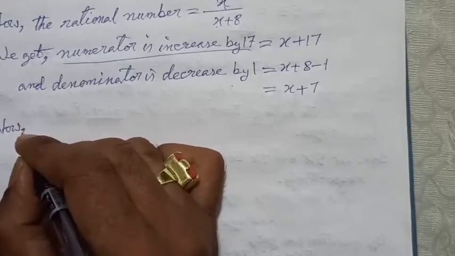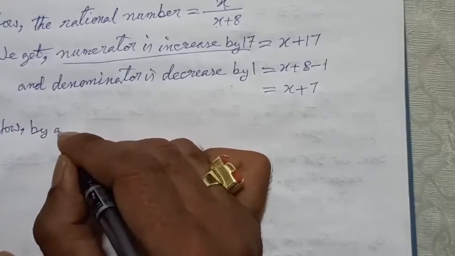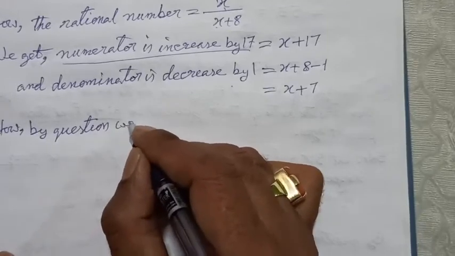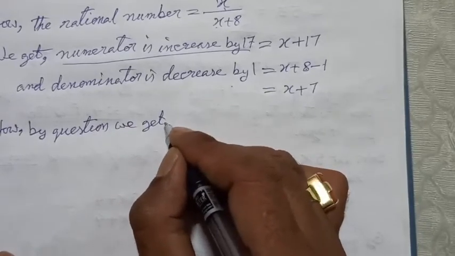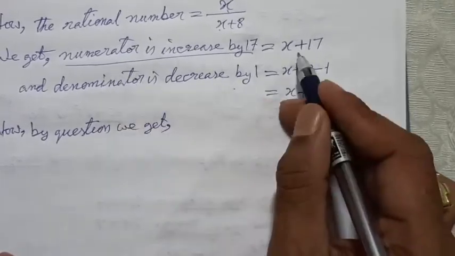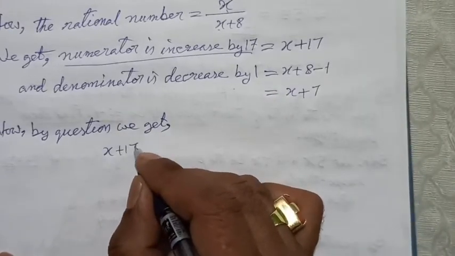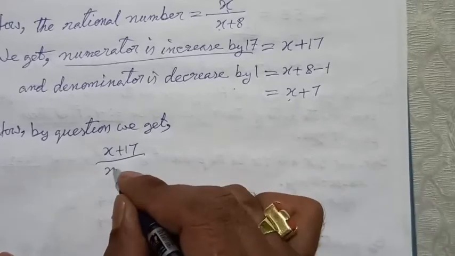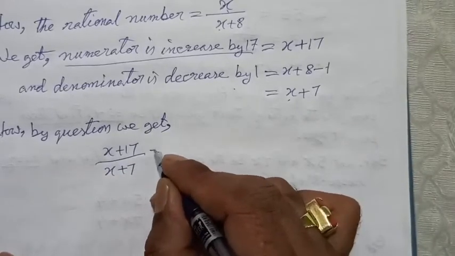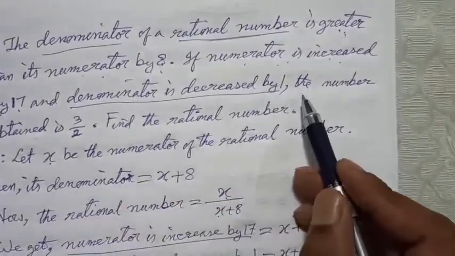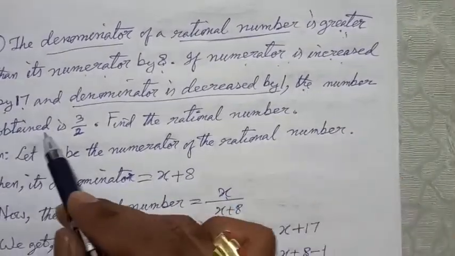Now by question we get. Here numerator is x plus 17 and denominator is x plus 7, and this is equal to, in the question it is given that the number obtained is 3 by 2.